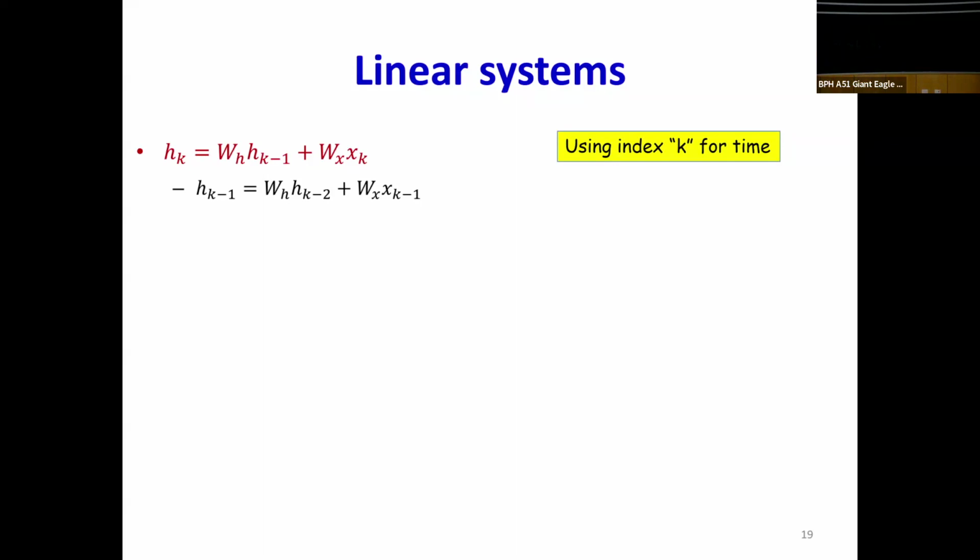Expanding H_{t-1}, this is going to be W_h times W_h H_{t-2} plus W_x X_{t-1}, plus W_x X_t, which is W_h squared H_{t-2} plus W_h W_x X_{t-1} plus W_x X_t, right? If I expand that out.